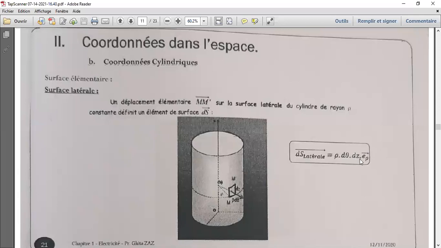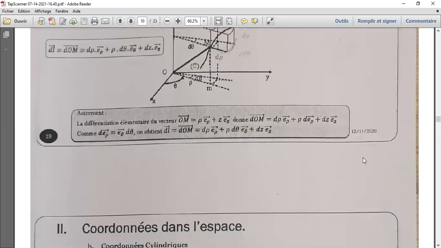Then this arrow is just showing that the surface area is perpendicular to the arrow.